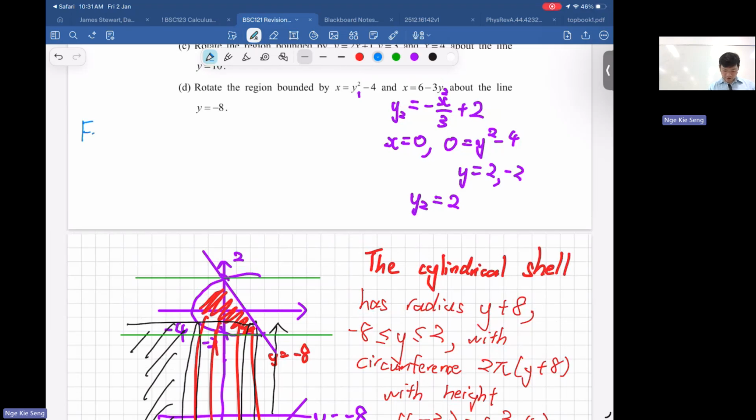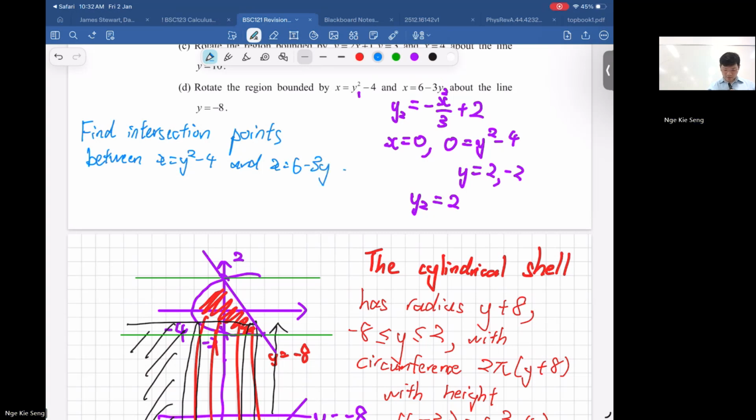So find intersection point between x equals y squared minus 4 and x equals 6 minus 3y. Okay, so let's quickly do it.